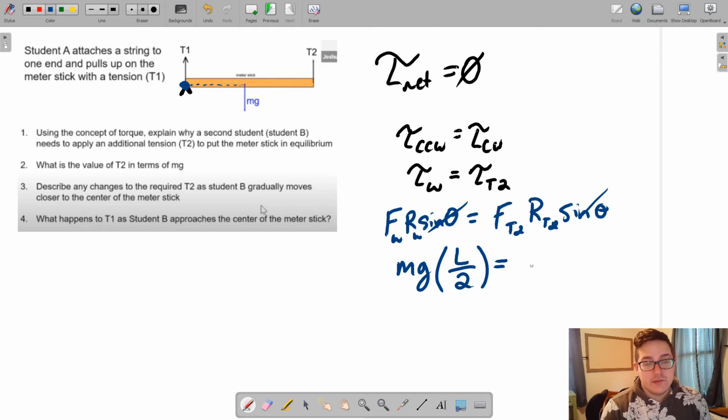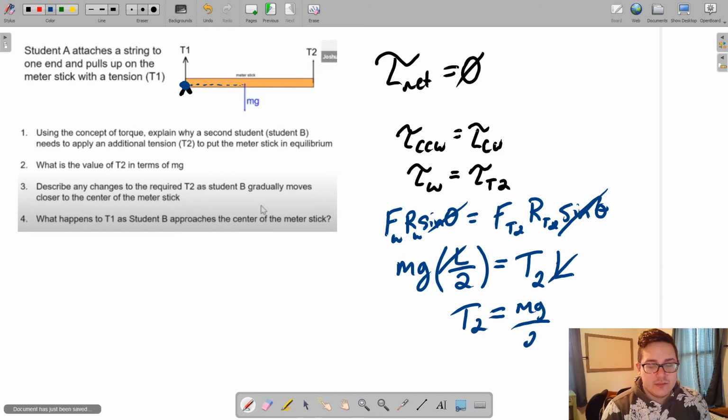For T2, we're going to say the tension of 2 is the force. The radius is going to be L, and then sine theta already disappeared. So what we get here is T2 then equals, L's cancel out, mg divided by 2, or half the weight.